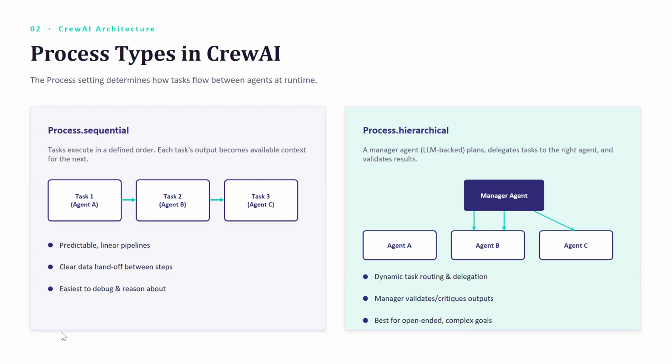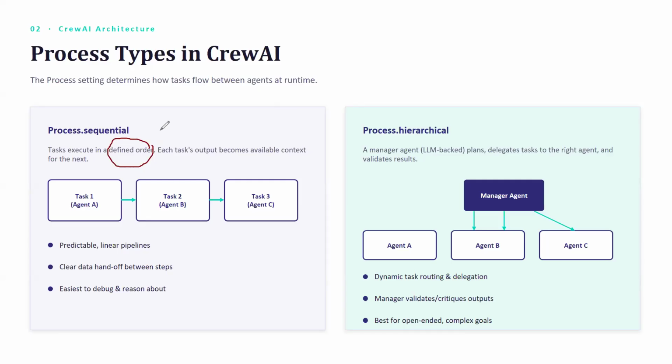I was using the term fixed path, if you remember. They will use this fixed path with a defined order: task one, task two, and task three, let's say.